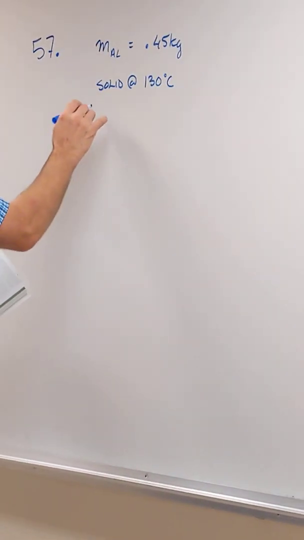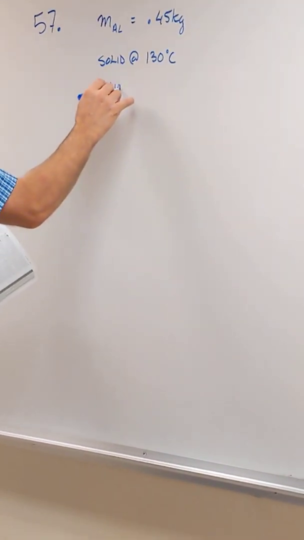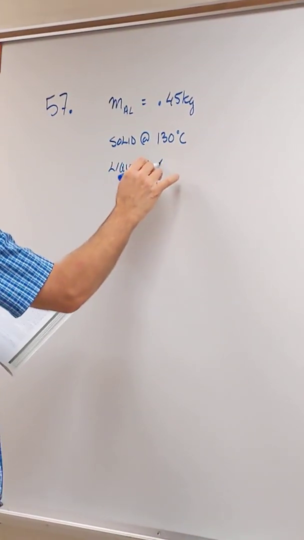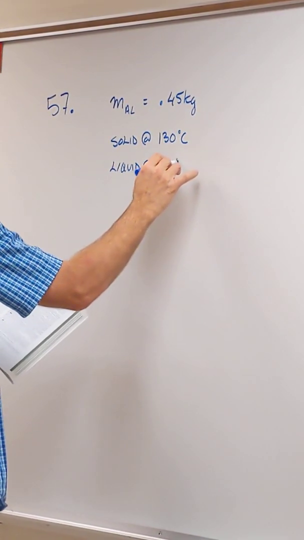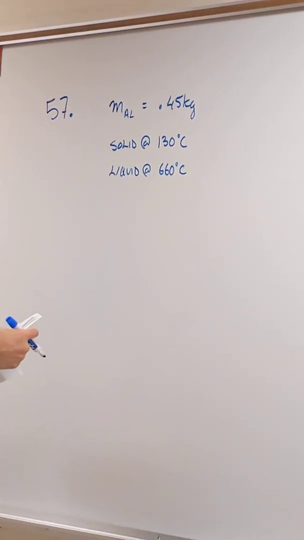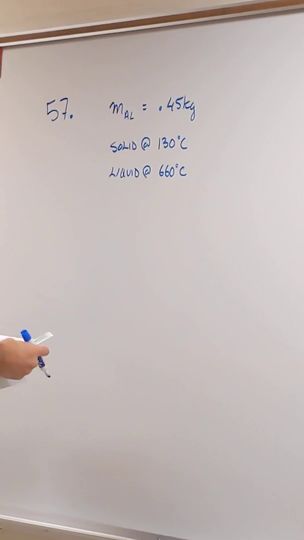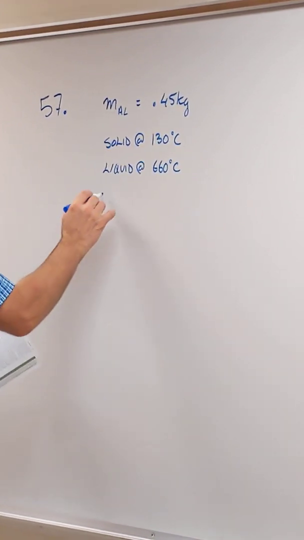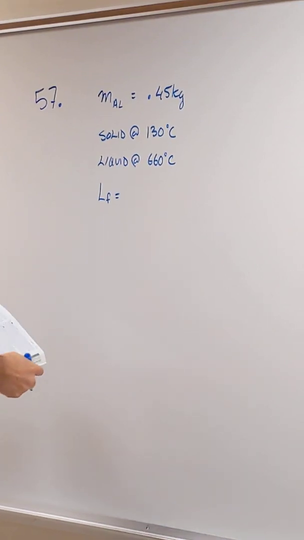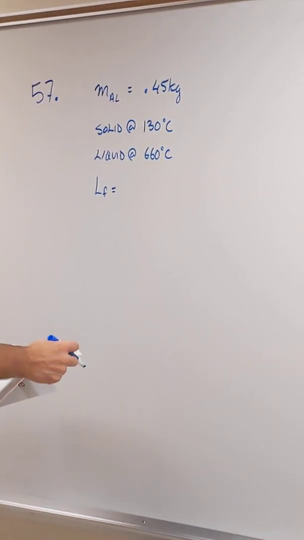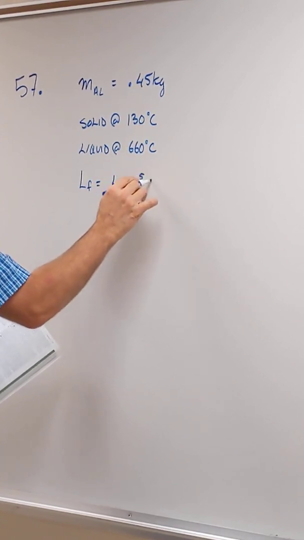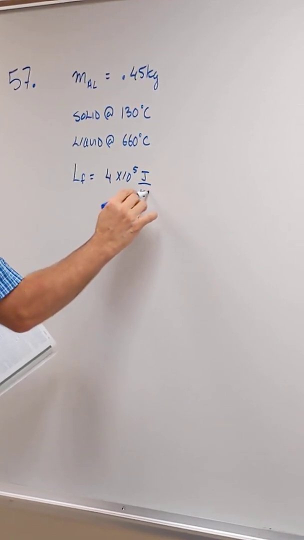And it is liquid at 660. And the latent heat of fusion is 4 times 10 to the 5th joules per kilogram.